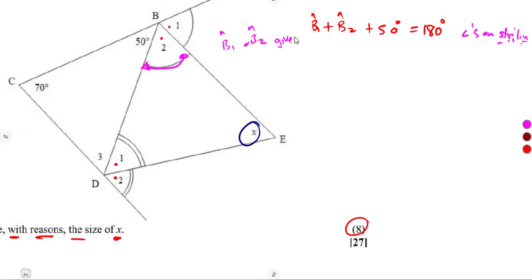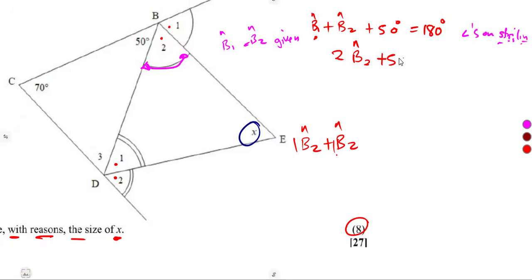So I can write either B2 as B1 or B1 as B2. But as we are focused on B2, the one that is inside of the triangle, in place of B1 there, I'm going to write it as B2. So it's B2 plus B2, which is going to be 2B2. All right?